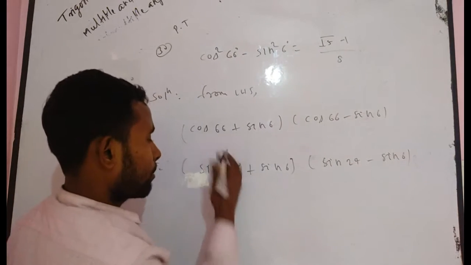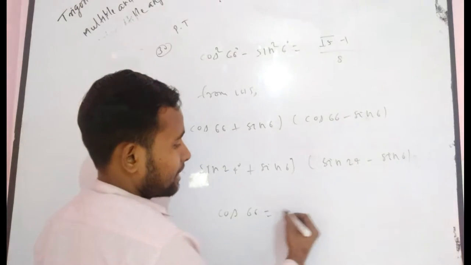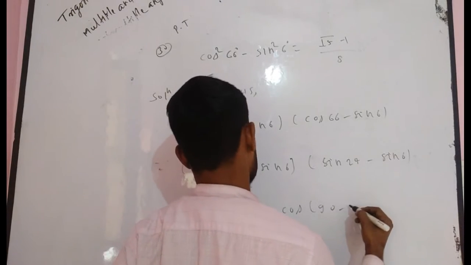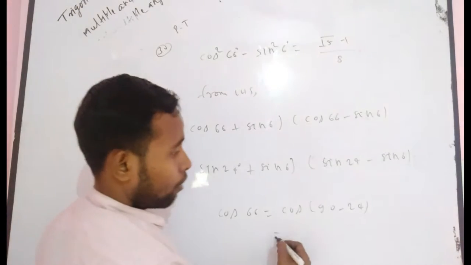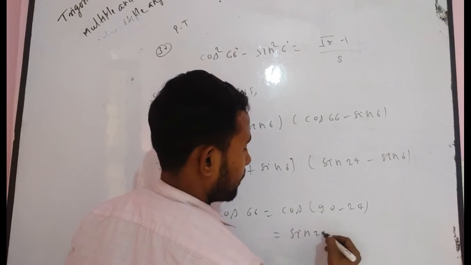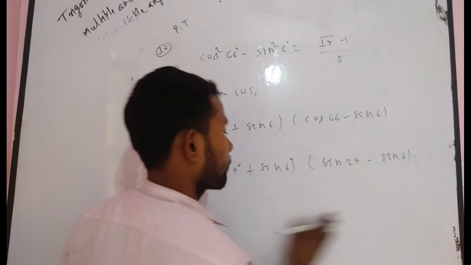How do we think about it? Because cos 66 can be written as cos(90 minus 24). Now cos(90 minus 24) will be what? Sin 24. I think you understand.